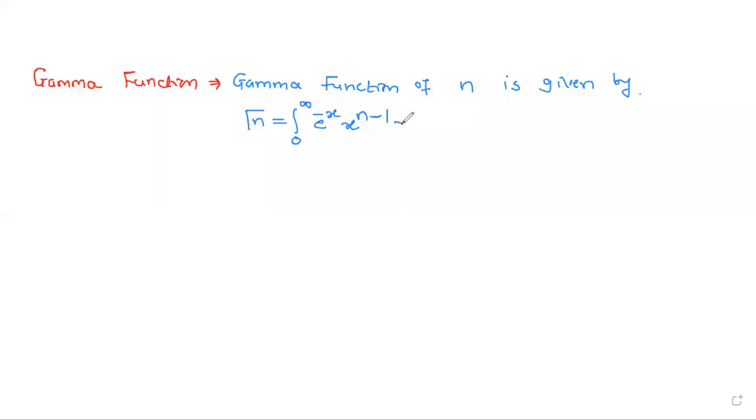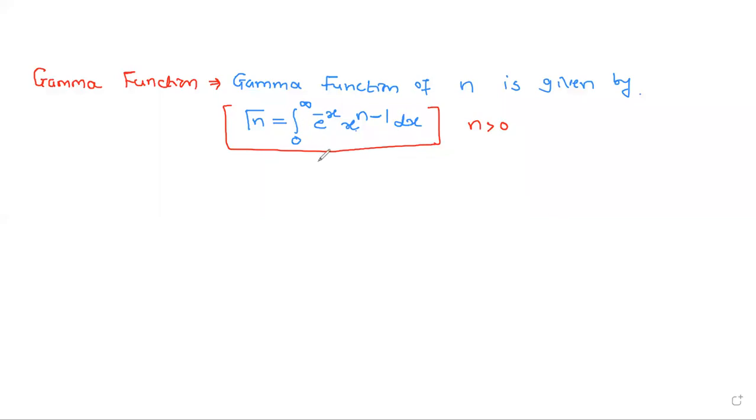So the variable which is on the exponential function should be the same here, and x, that power is n minus 1. So e raised to minus x, x raised to n minus 1. This n should compulsorily be greater than 0. That means n should be a positive number. There will not be any negative number.